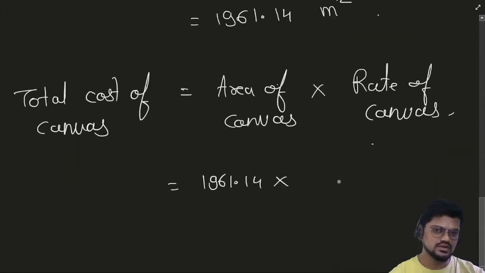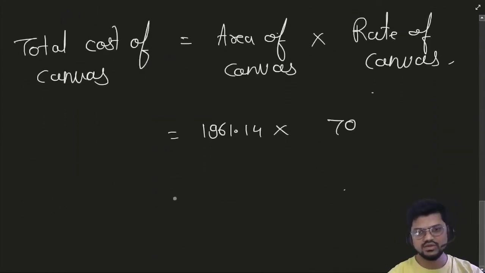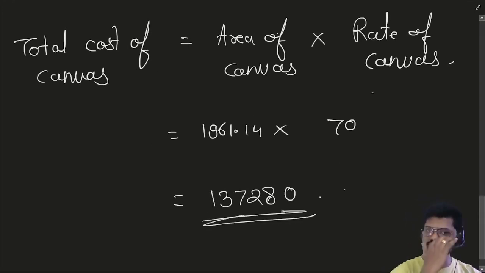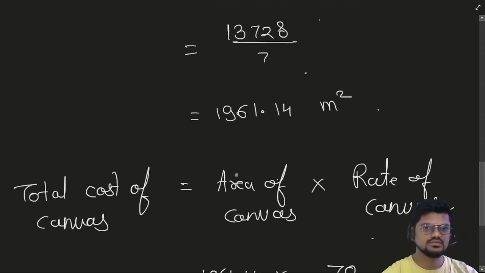So you will have to multiply 70. So this 1961.14 into 70 will give you 137280. So that's what you get as the total cost of canvas. Got it?